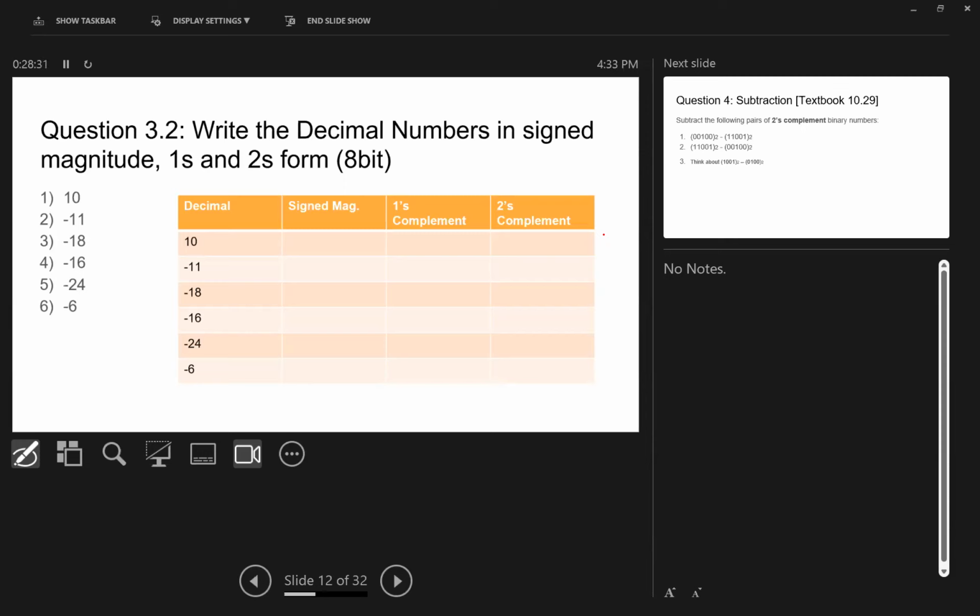How could we do the transformation? It's quite similar.